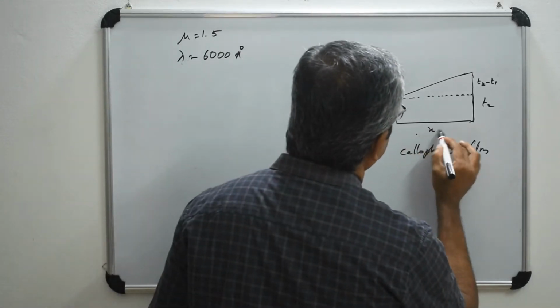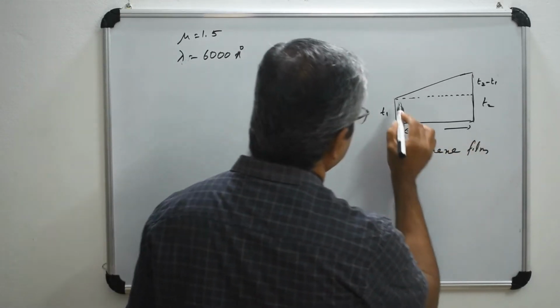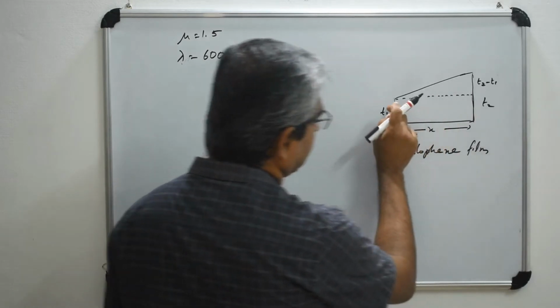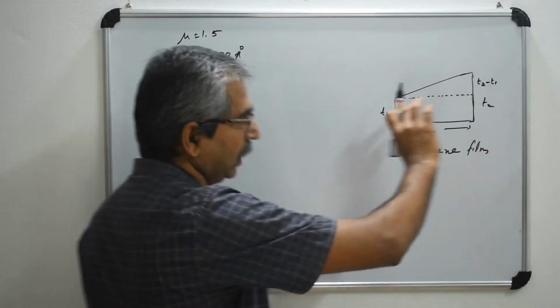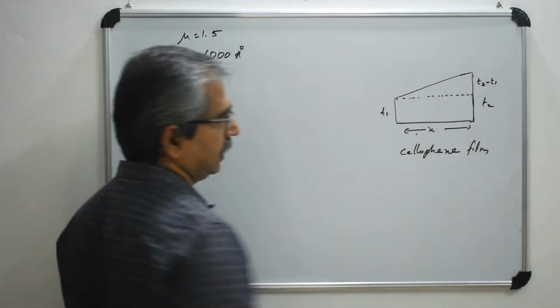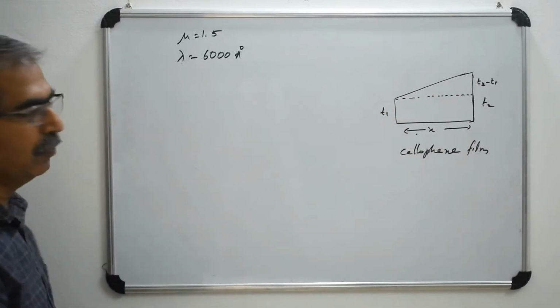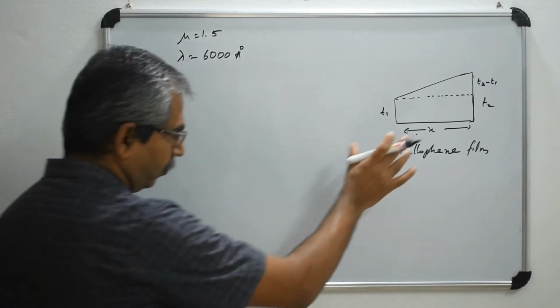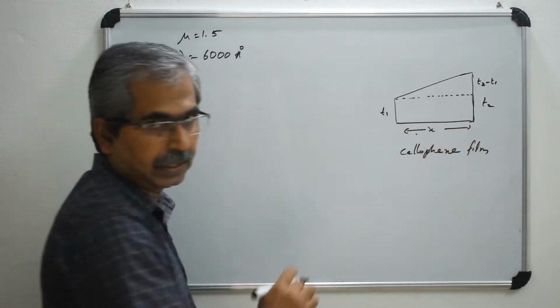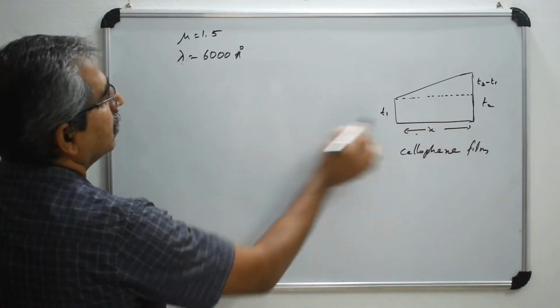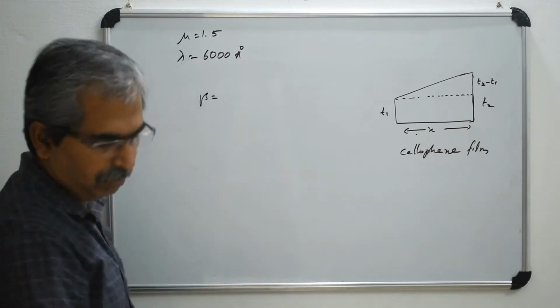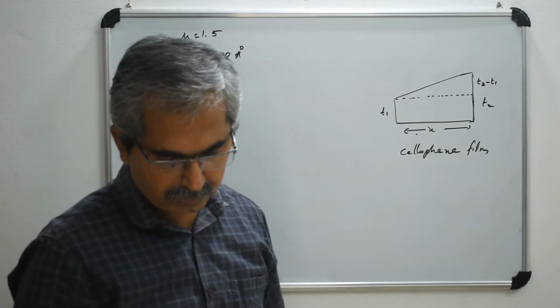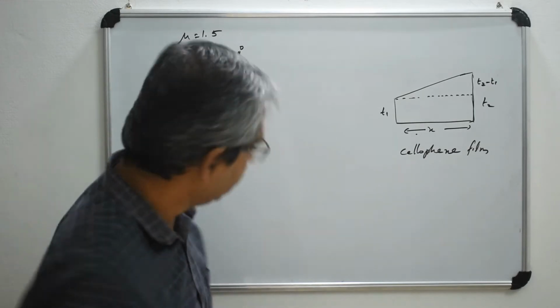Suppose this distance is taken as x, from here to here. So this angle is theta. The thickness will be increasing gradually from this end to this end. So the number of fringes seen for this total length is 10.